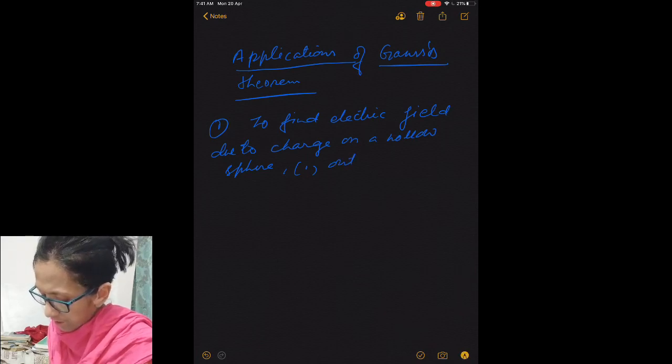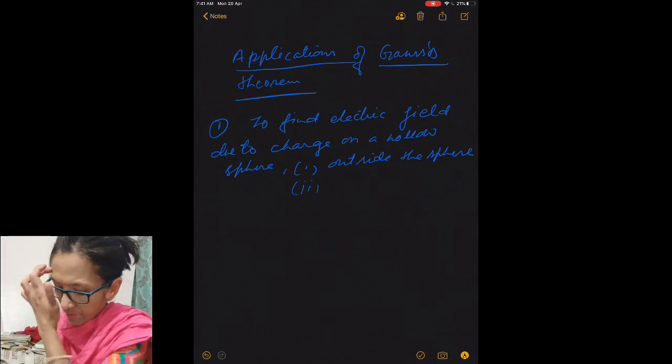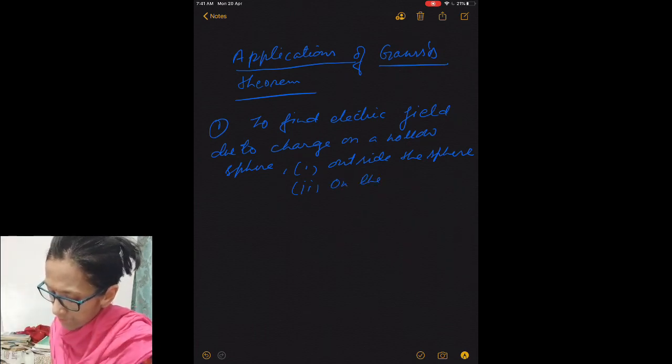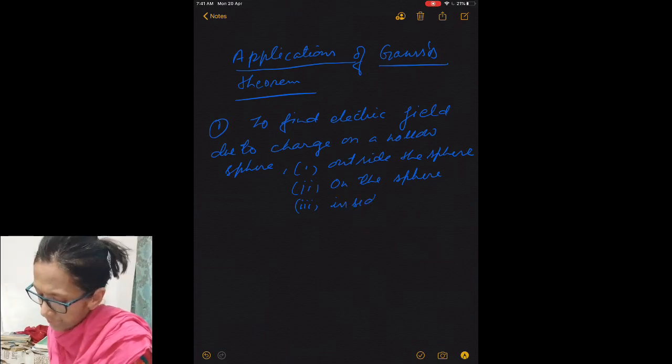First case, outside the charged sphere. Second, on the sphere. And third, inside the sphere. So three things we have to find.